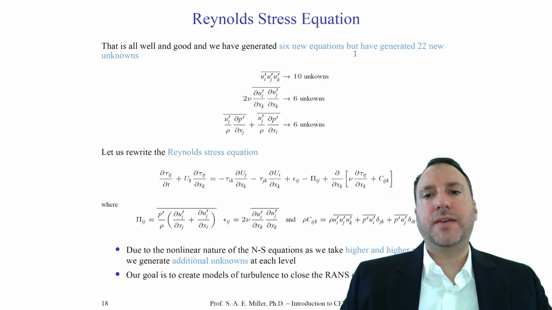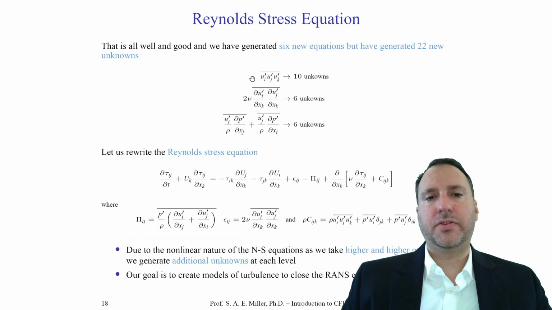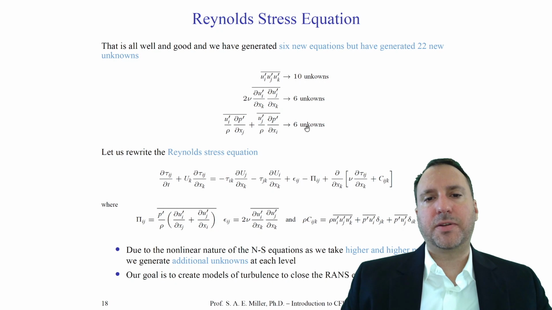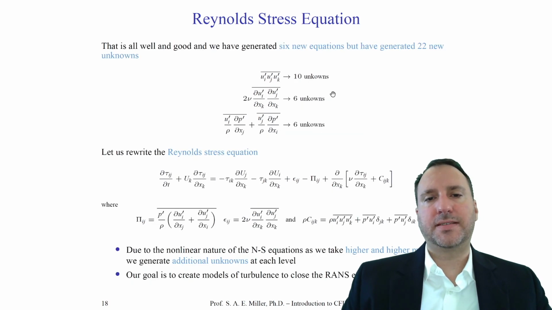But unfortunately, we have generated 22 new unknowns, and you can count them up if you look at this equation. For example, the triple correlation term will represent 10 unknowns. If we look at these other terms of velocities and pressures and velocity gradient terms, you'll see they represent 6 and 6. So 10, 6, and 6 is 22. So we have 22 unknowns, which are represented by these operations, but we've only generated 6 equations.